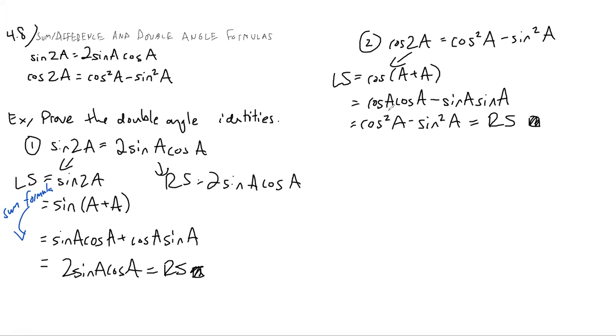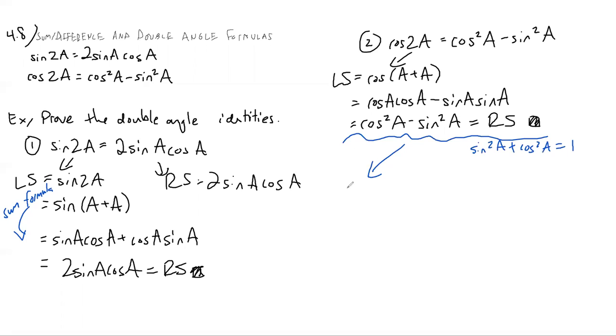So that actually works quite nicely. What we can do is actually get a couple more here for that cos 2a formula. So if we go back now and use the Pythagorean identity, sine squared a plus cos squared a equals 1, there's two things that we can do with this.